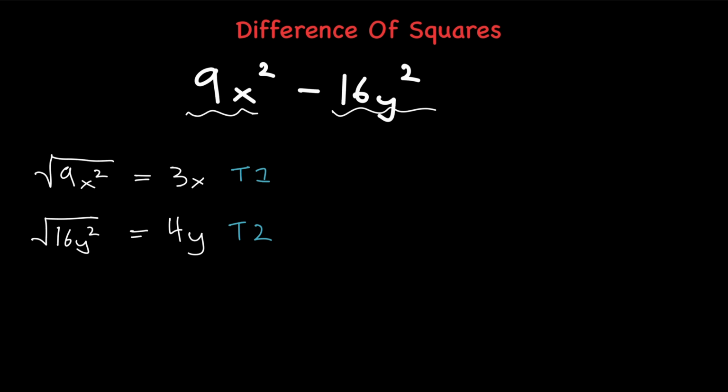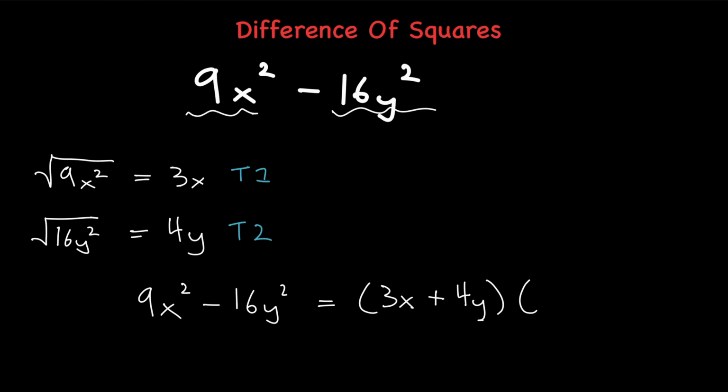So we can write the factorized form, 9x squared minus 16y squared equals 3x plus 4y multiplied by 3x minus 4y.